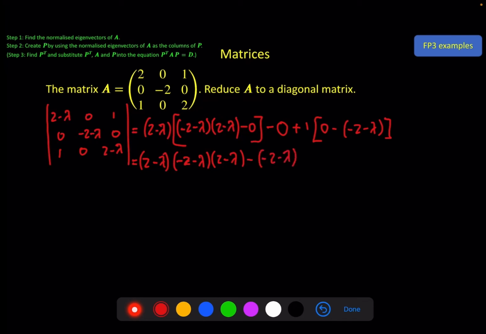What I'm going to do here, instead of expanding everything out, I'm going to factorize the minus 2 minus lambda. Two minus lambda, minus 1. So I can simplify the bracket here by expanding and collecting again.